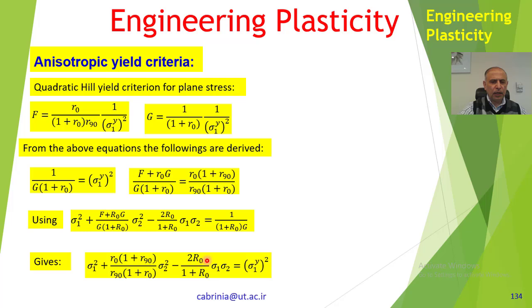So you can see here that we have obtained this relationship for the quadratic Hill criterion for anisotropic materials for plane stress. So that is the plane stress anisotropy. We don't have any sigma 3, only sigma 1 and 2, and that's the yield criterion we are going to use.